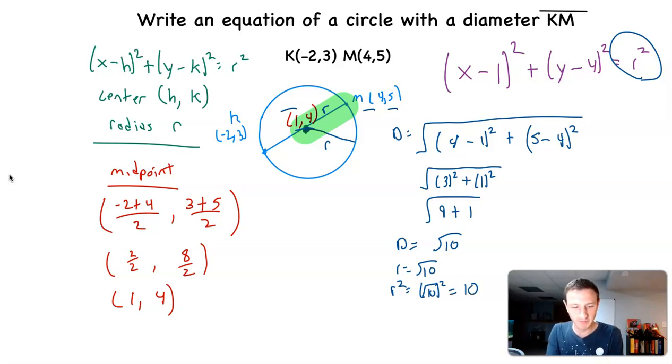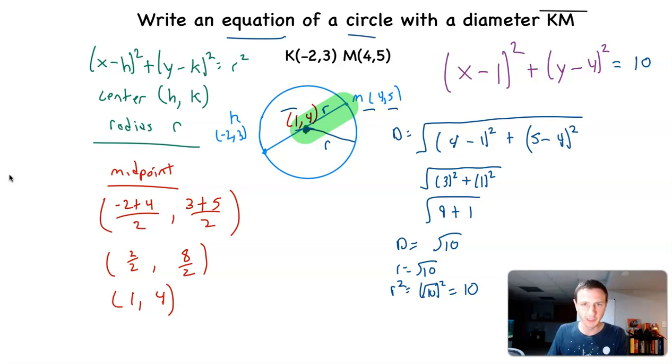I'm going to fill in my equation with the r squared value of just 10. So r squared is 10. Let's double check the problem. It says write an equation of a circle. Here's our equation. It's not asking for anything else, so there it is.